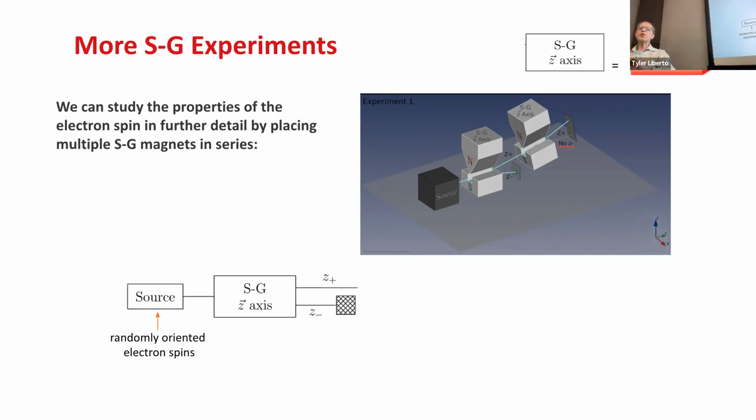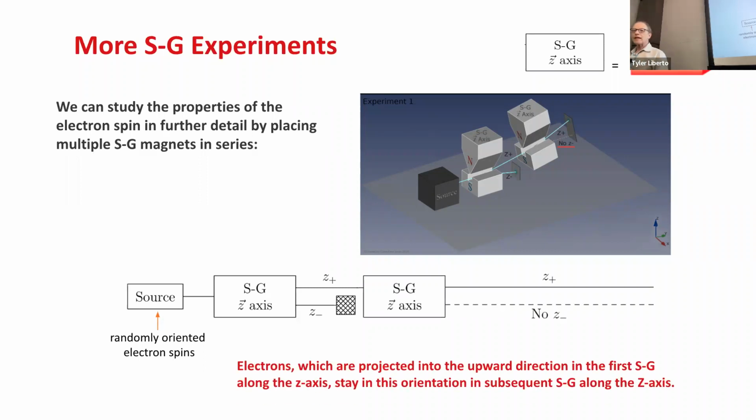So I simply remove them, put them on the screen or in some box, and only look at the upward deflected beam and send this upward deflected beam in a second magnet, which is also in the z direction. And what I see at the end, there's only one beam coming out there, only the upward deflected beam. There's no downward deflected beam.